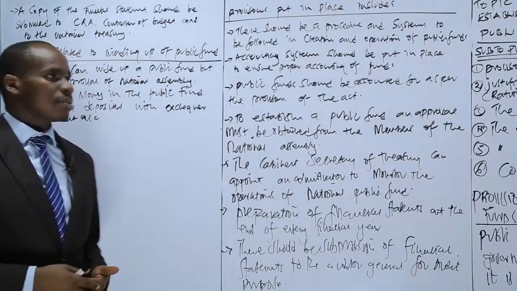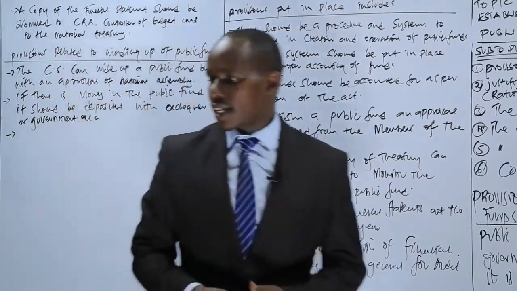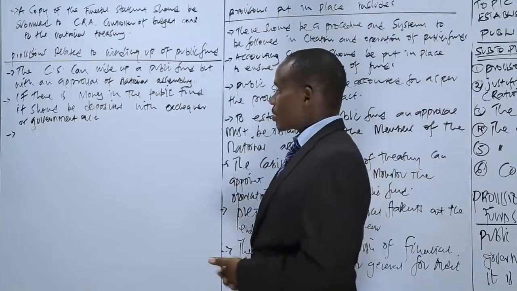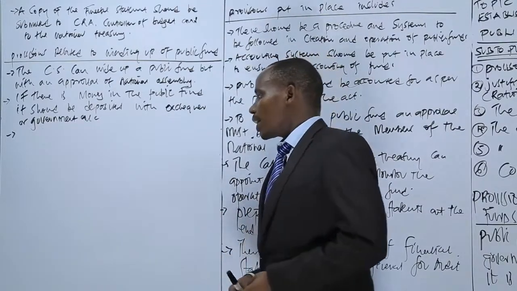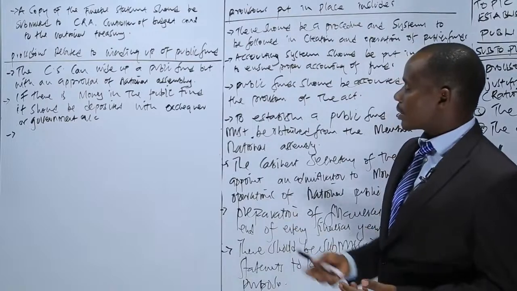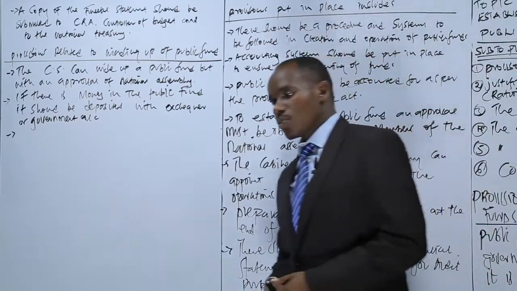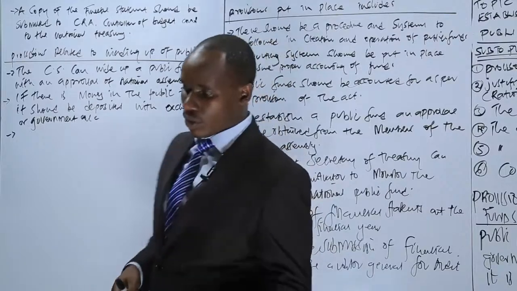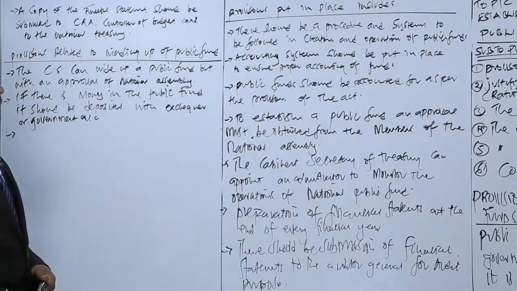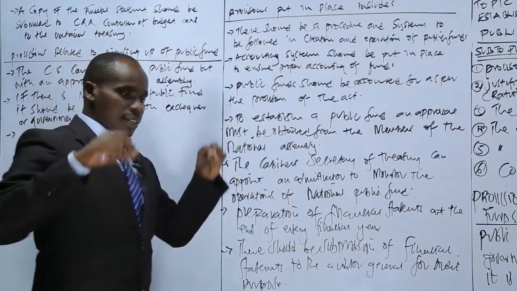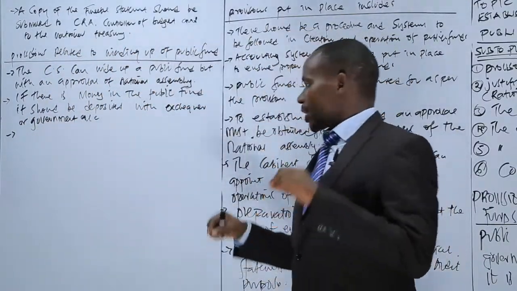The other thing is sometimes we can be having some arrears relating to these particular funds. So if there are arrears that we are having as far as these funds are concerned, then the person who is in charge can pay those particular arrears at deficit, but he must get an approval from the members of the National Assembly.